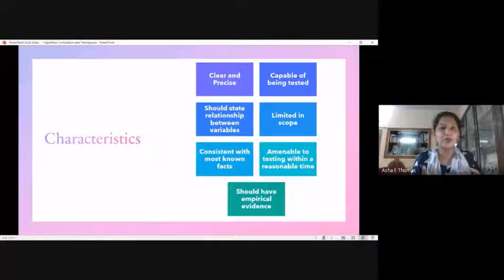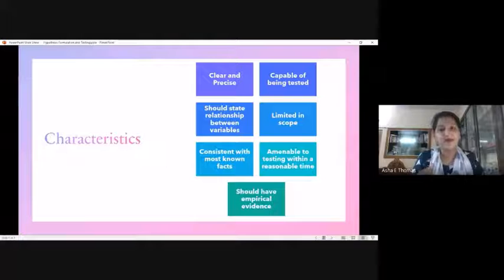That's why it has always been said that your variables should have some kind of relationship, and it is that relationship which we test through the hypothesis testing. We are testing whether there is an established relationship between these 2 variables.